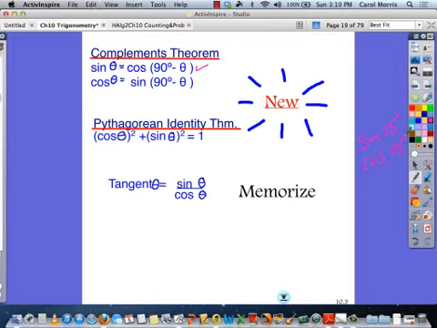And then there's one more that's interesting. The tangent theorem, which is what we like to call this one. I don't have the name up here, so let's just go tangent theorem, abbreviate it. The tangent of any angle is equal to its sine over its cosine.